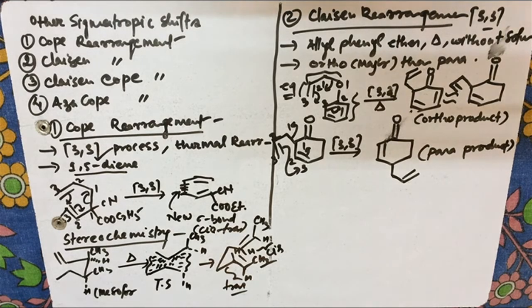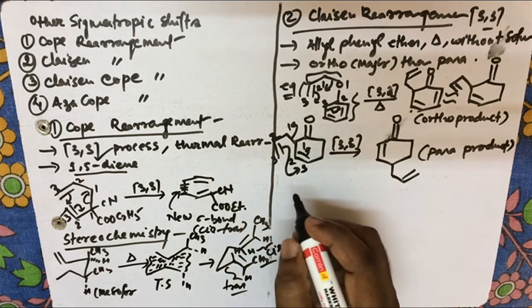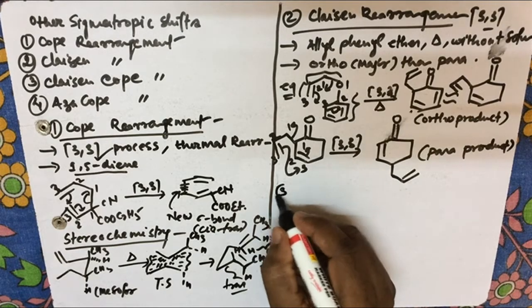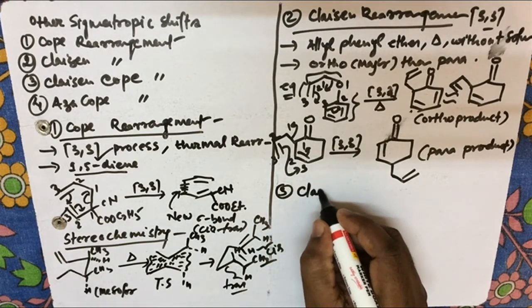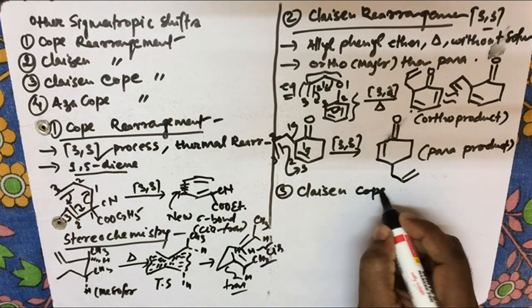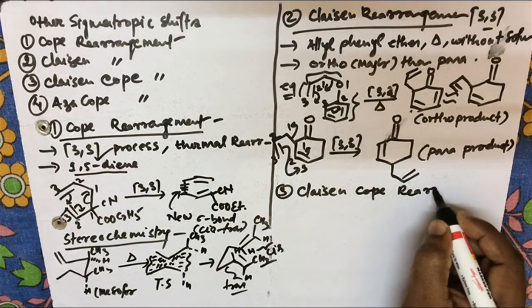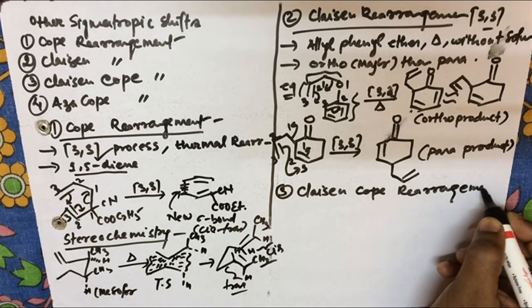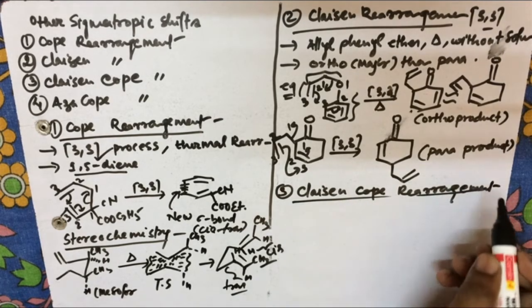Now I move to the third, the Claisen-Cope rearrangement. So what is the Claisen-Cope rearrangement?